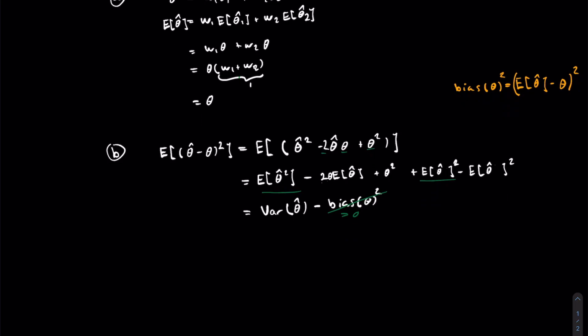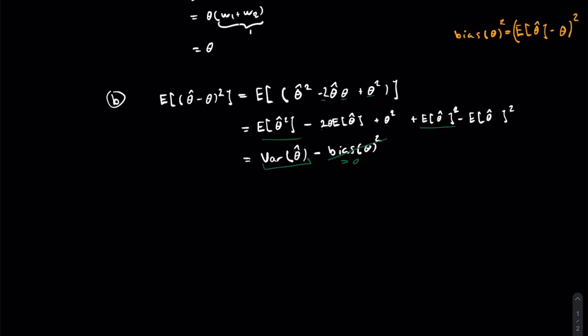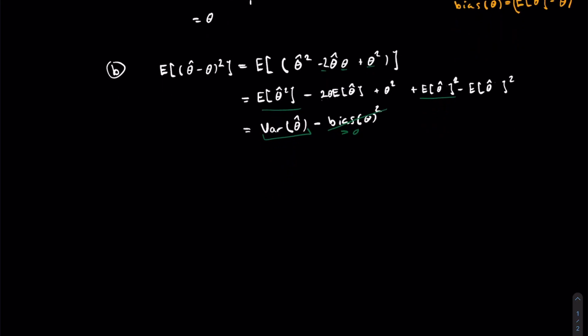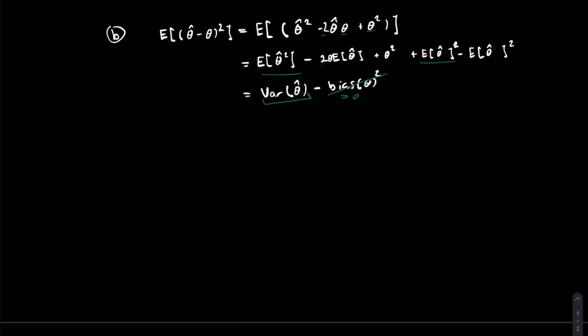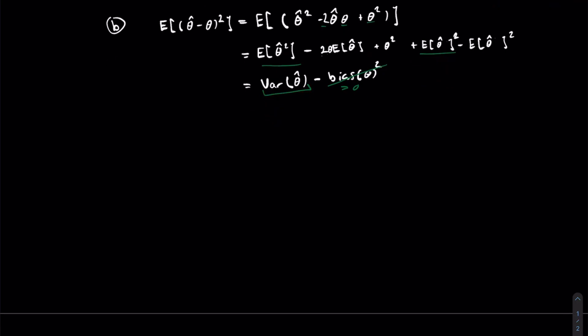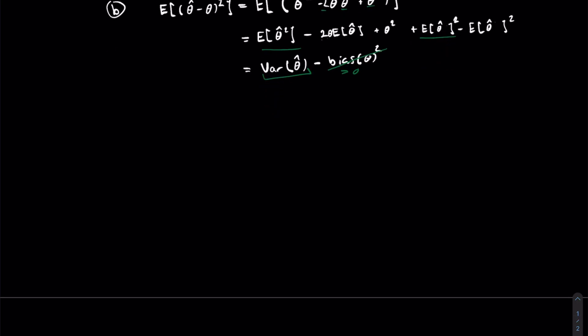So we end up with a mean squared error equaling basically just the variance of this estimator. And that is one important thing, because now we want to find the weights in terms of this variance. So we're going to do just that in the next step.